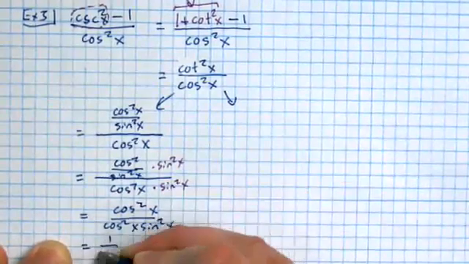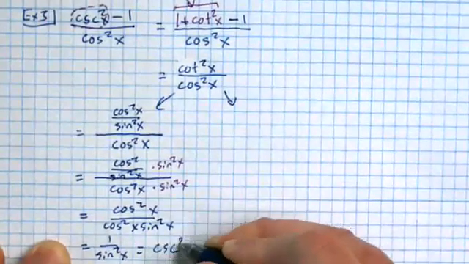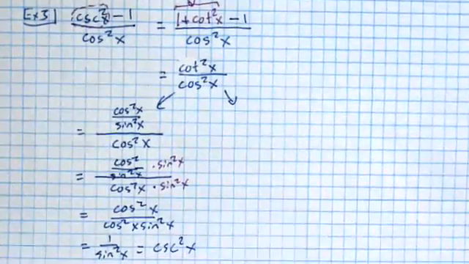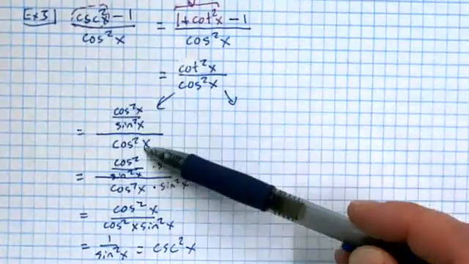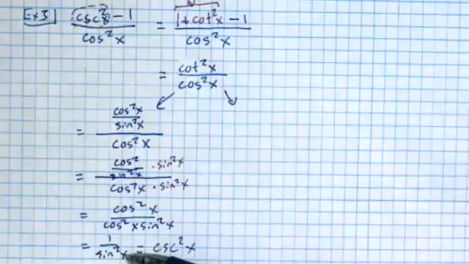So I have 1 over sine squared x, and I ran out of room. I need to see steps though. This is one of those things like in geometric proof where you don't just jump from one step to another. So I don't want you going straight from here to 1 over sine squared. I need to see at least 1 step in between to show me how you're getting that.